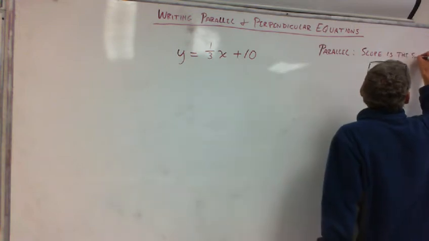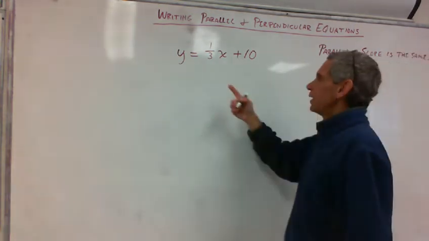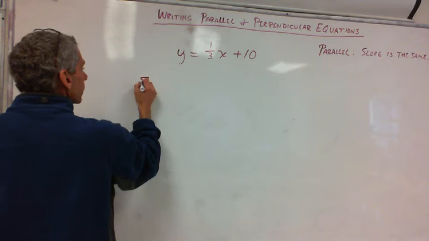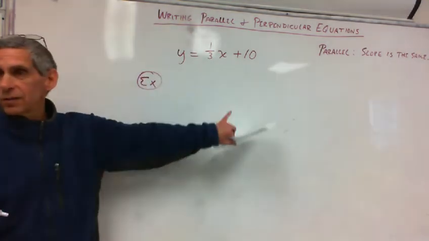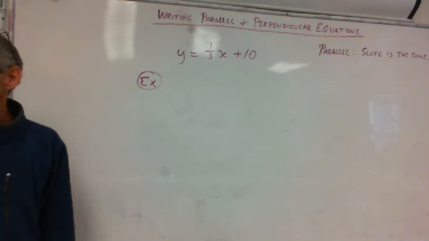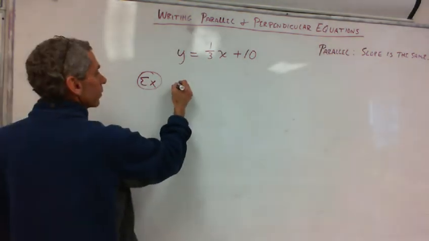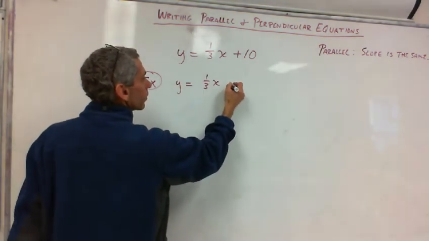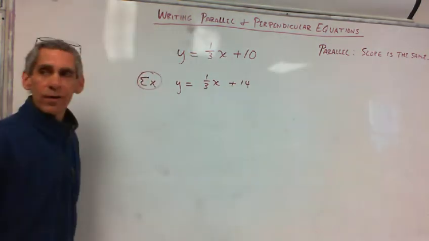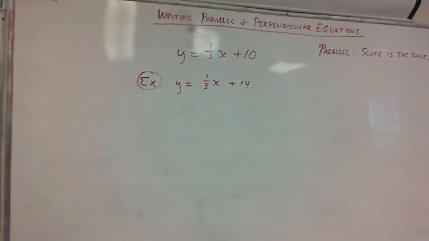So what would be an example of an equation that is parallel to this line right here? What's an example? Okay, Mark. Y equals 1/3 x plus 14. Yes. Okay, I want another example. Okay, Victoria.